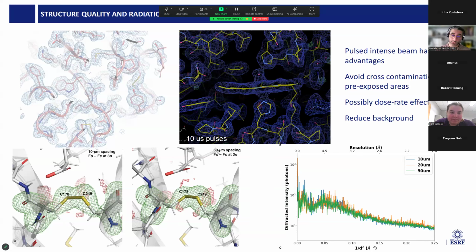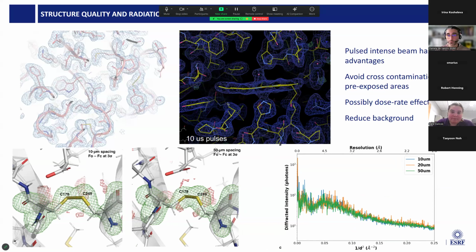This is no longer the case when we reduce it further. We also monitored for global damage effects by following possible intensity decay using different spacings, and the diffraction intensities are preserved no matter what spacing we use.